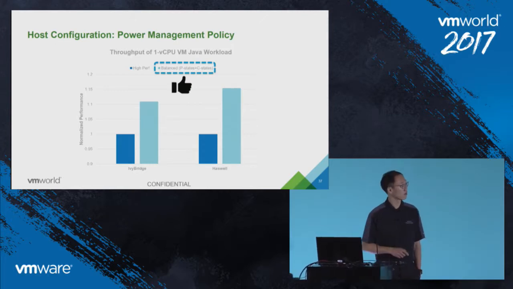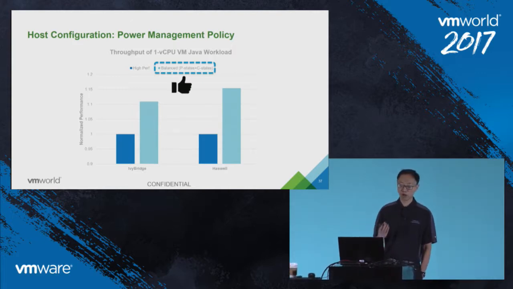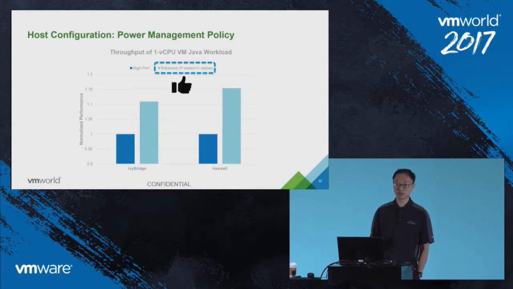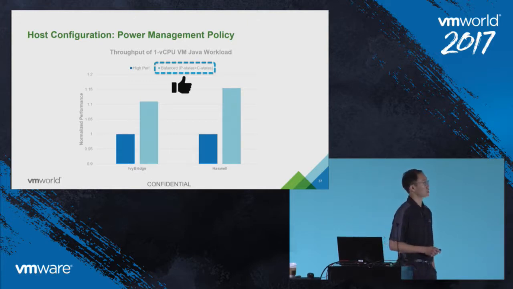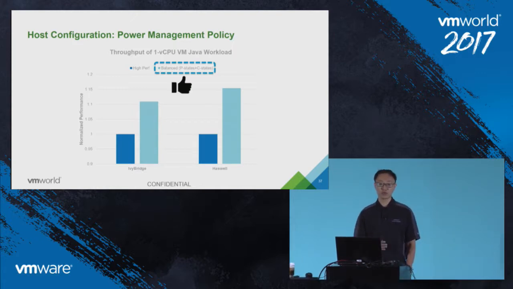What's happening is that when you configure the power policy to balanced, the power management policy takes input from the scheduler and decides how deep a sleep state each core should go into. In the high performance case, we don't go really deep into the sleep state, which means there's less turbo.